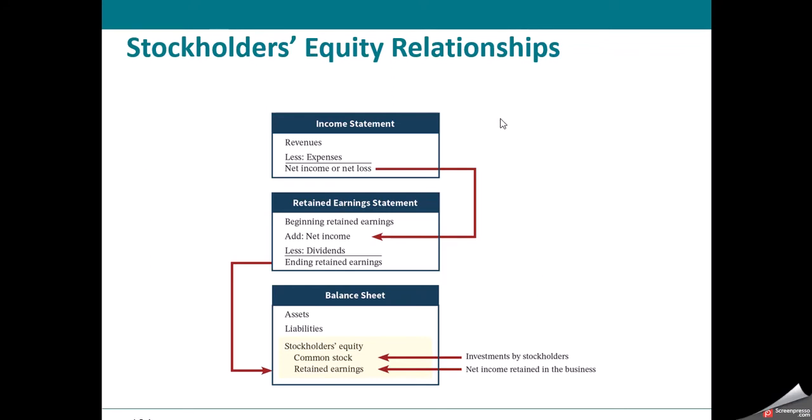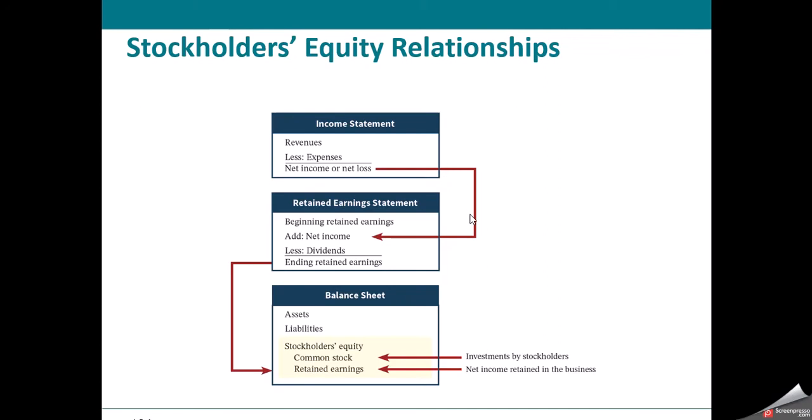So you start with your income statement and you summarize your revenues, summarize your expenses, and then net those. So revenues less expenses is what I mean when I say net it. And then if your revenues are more than your expenses, you have net income. If your expenses are higher than your revenues, you're going to have a net loss, or a negative number. So if you have a negative number, it indicates a loss, which could happen.